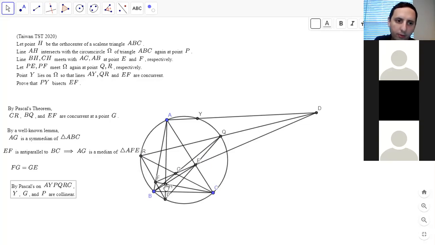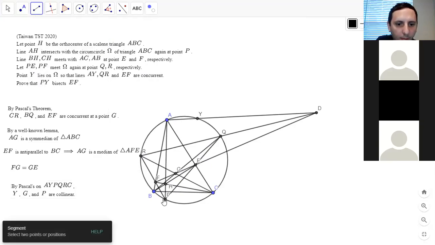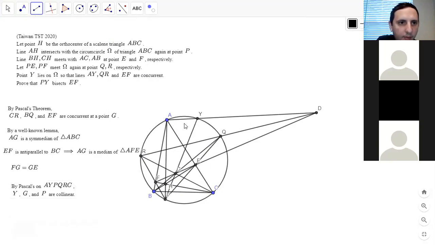So we started with the orthocenter, but it could have been any other point, and the final point G that we get would lie on the symmedian of triangle ABC. Okay, so Y, G, and P are collinear, and that proves that PY bisects EF.